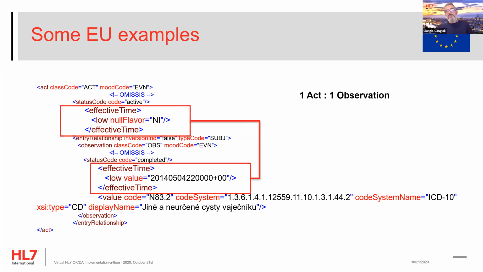This means that the people building this CDA actually do not have the concept of concern in their system; they have this observation and then create the concern act ex post in order to fulfill the template, rather than managing the concept of concern act and giving the right information. I don't know if it is the same. This is what I saw in the European cross-border services in 99% of the cases.